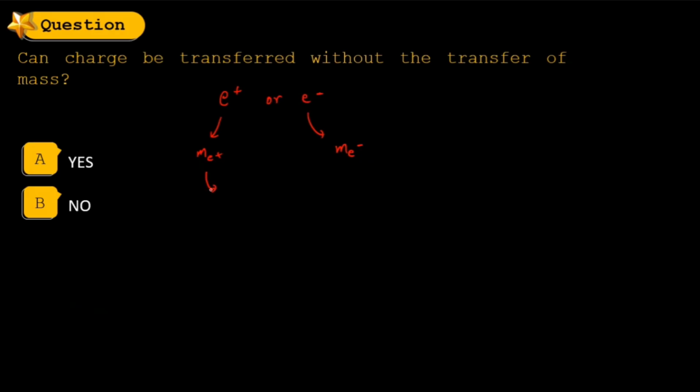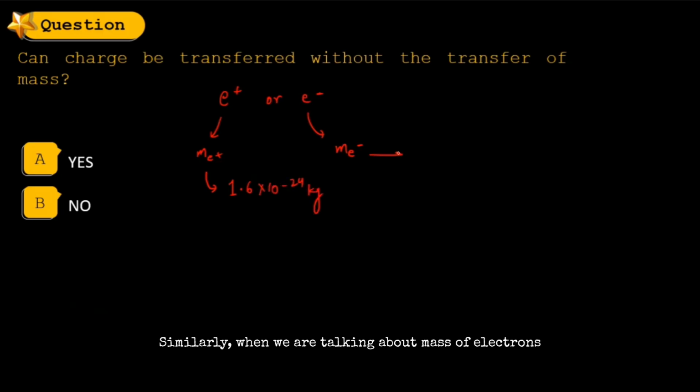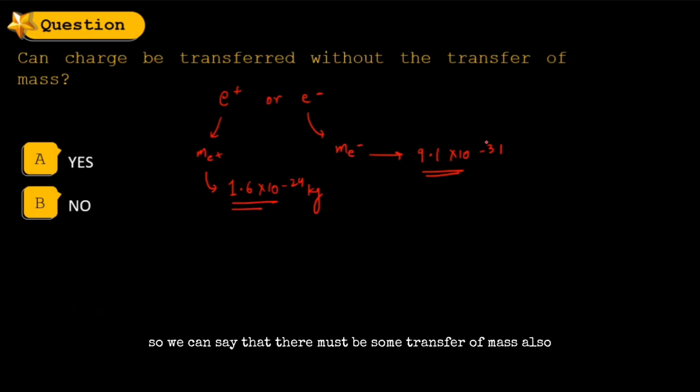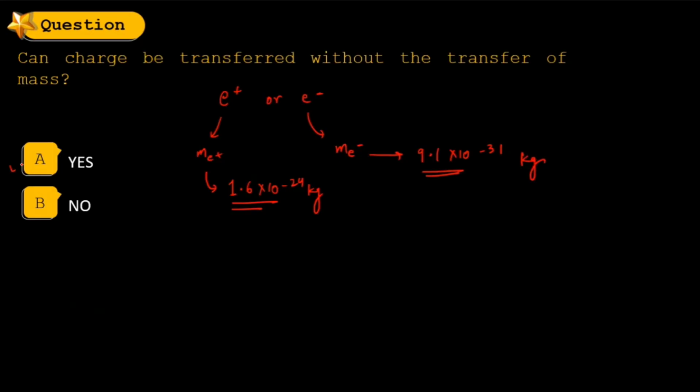So we should keep this point in mind that the mass of a proton is nothing but 1.6 times 10 to the power minus 24 kg. Similarly, the mass of an electron is 9.1 times 10 to the power minus 31. So if there is any sort of charge transfer, we can say that there must be some transfer of mass also.